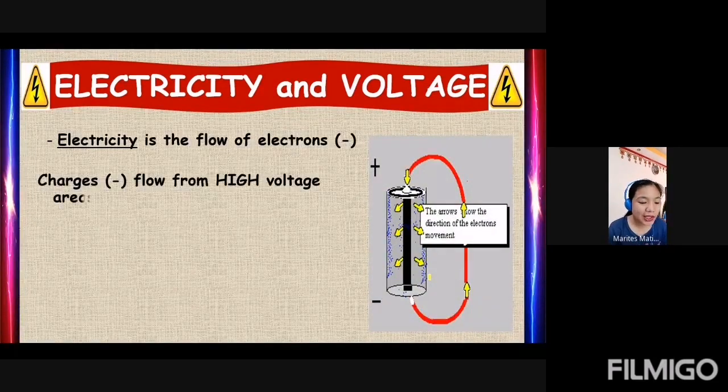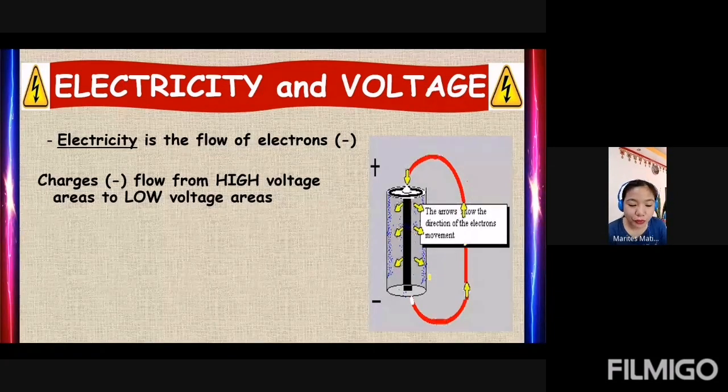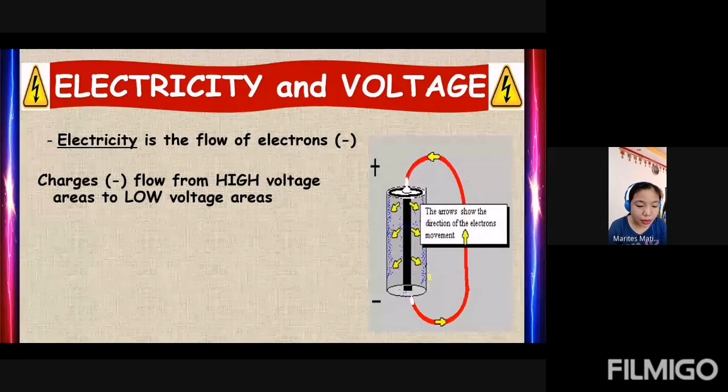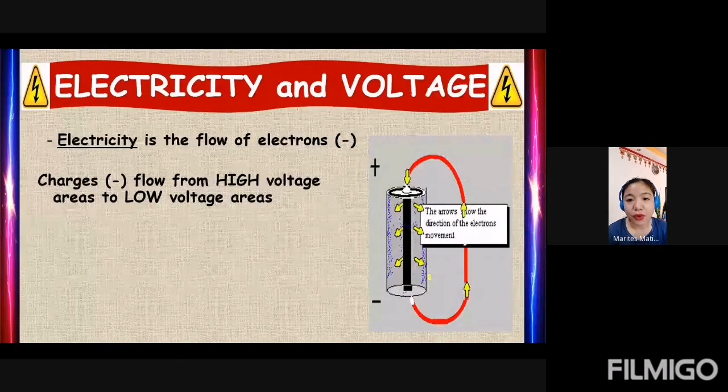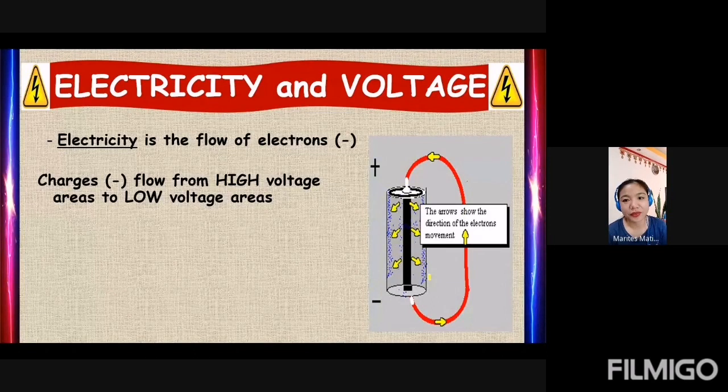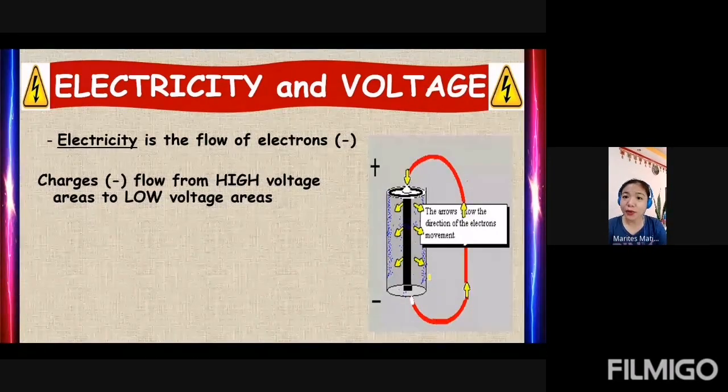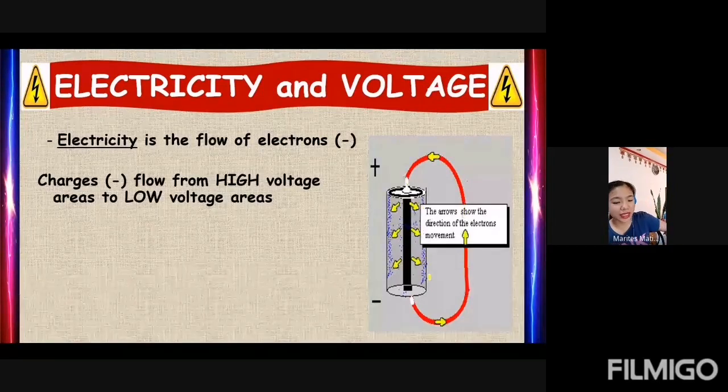Let's repeat: the charges flow from high voltage areas to low voltage areas. If that's the case, where is our voltage higher, at the positive or at the negative?